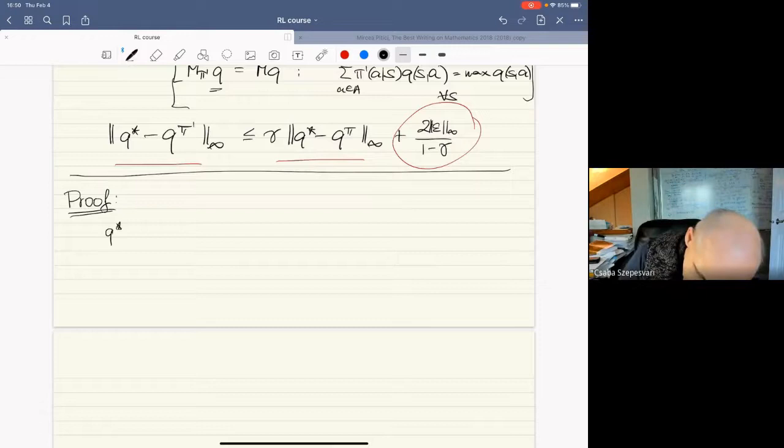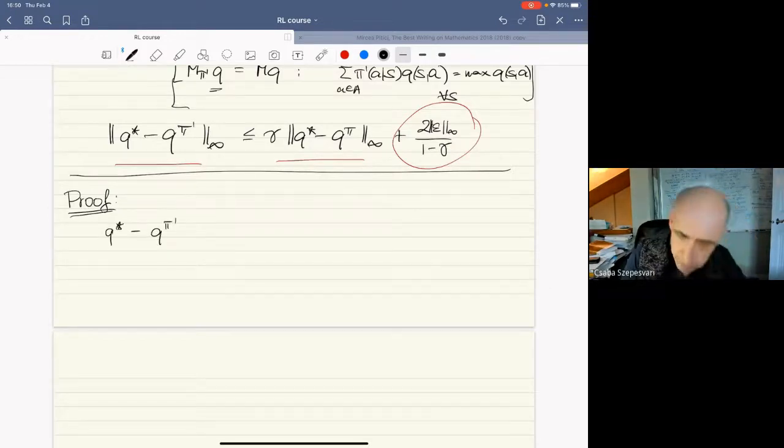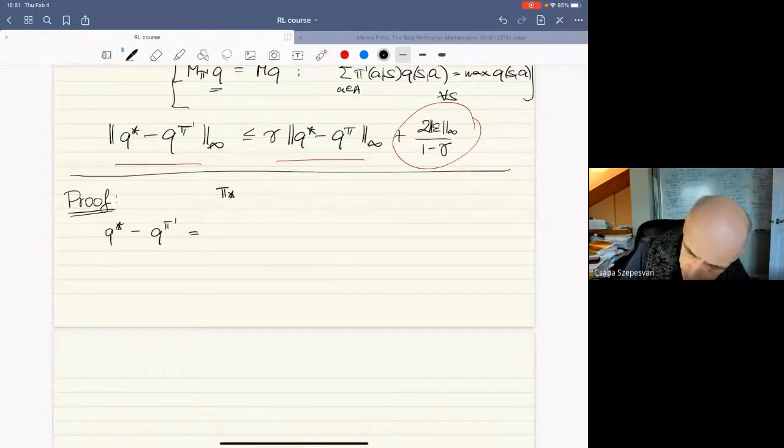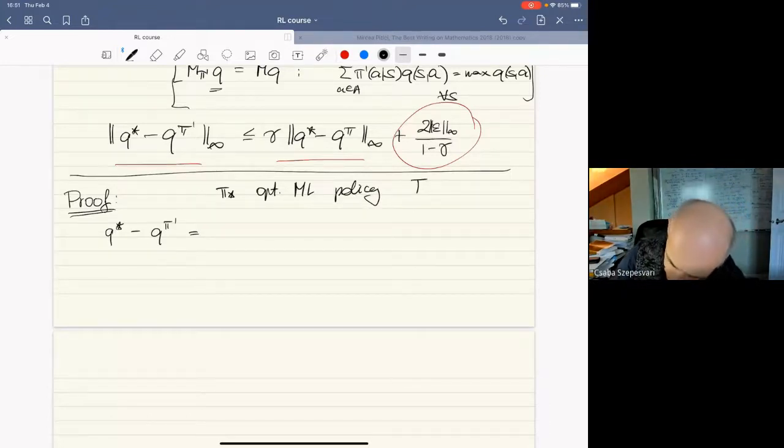It starts by writing what we want to bound, and let pi star be an optimal memoryless policy, which we know exists.